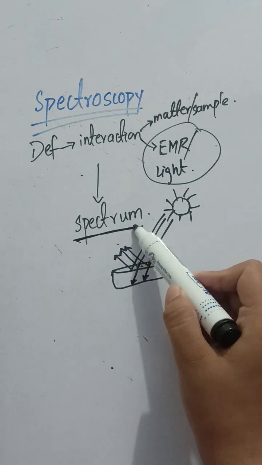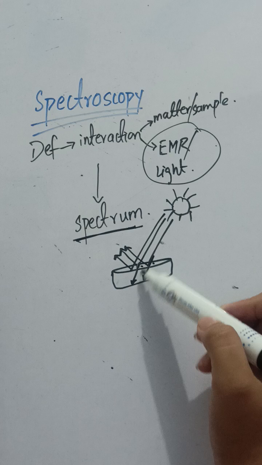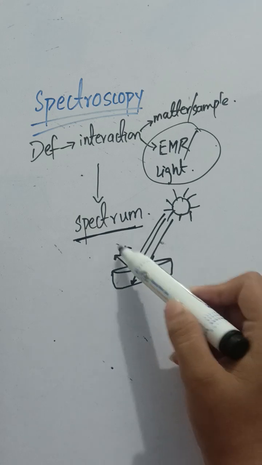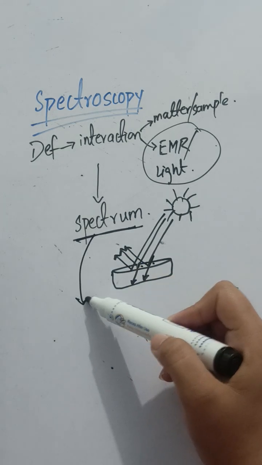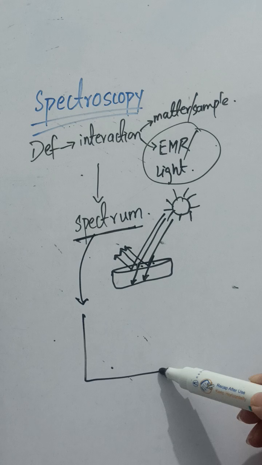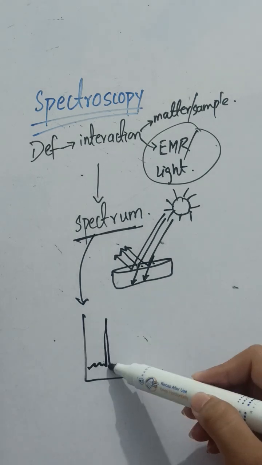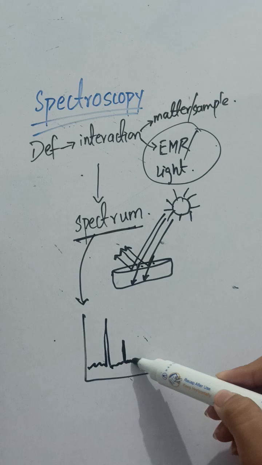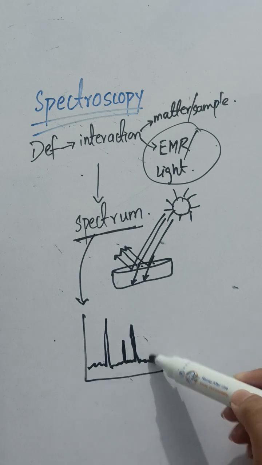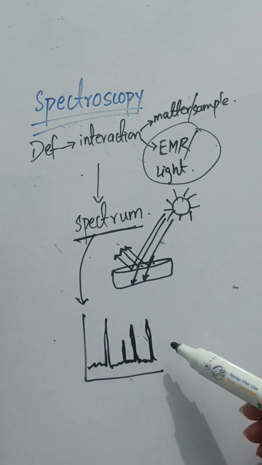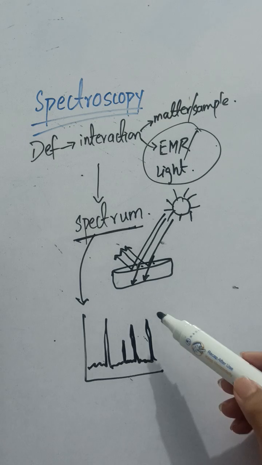Your spectrum will detect how much light is absorbed and how much is emitted out, and your spectrum will give the result in the form of a graph. It will make a graph having different kinds of peaks, like this, and it shows you the bonds it has.